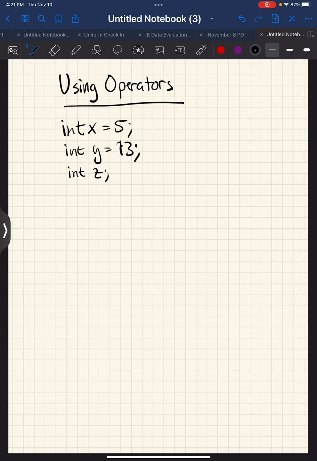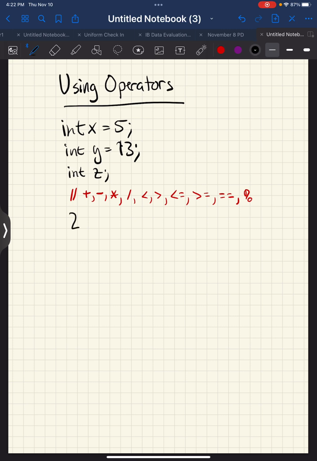Well, there are some operators that exist for integers, including plus, minus, so addition, subtraction, multiplication, division, less than, greater than, less than or equal to, greater than or equal to, equals equals, and the percent operator, the modulus, which we'll get to, because that's one that you may not be familiar with.